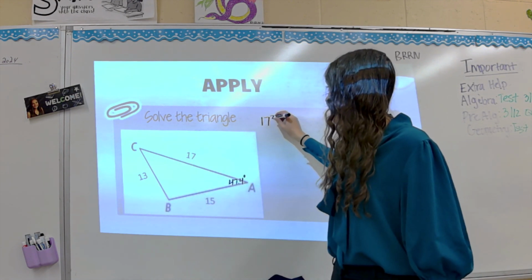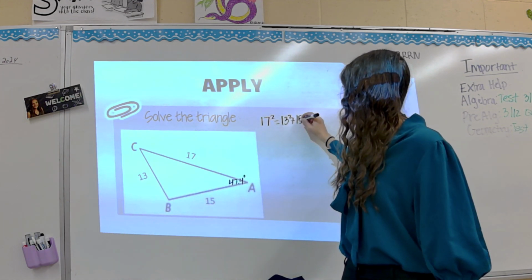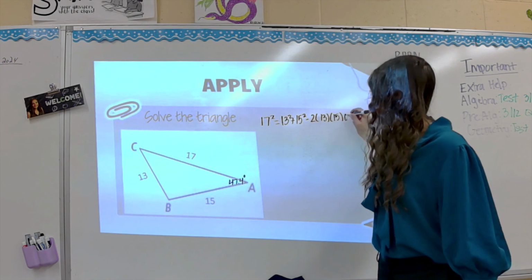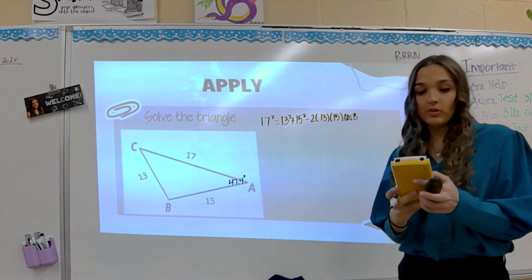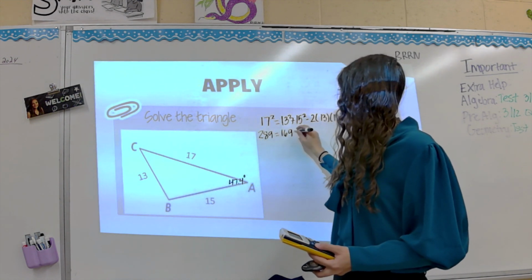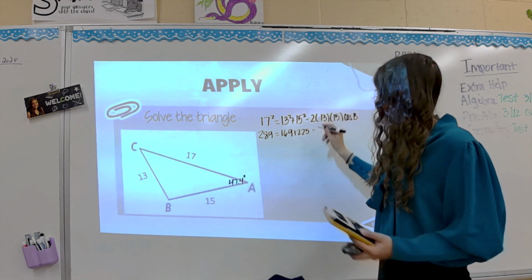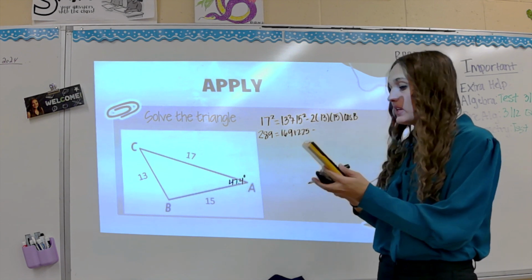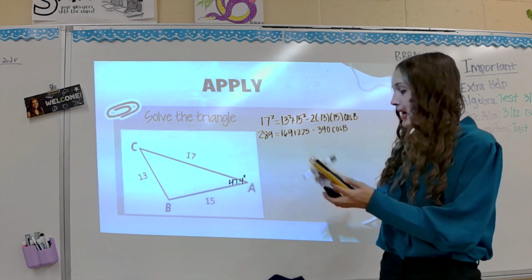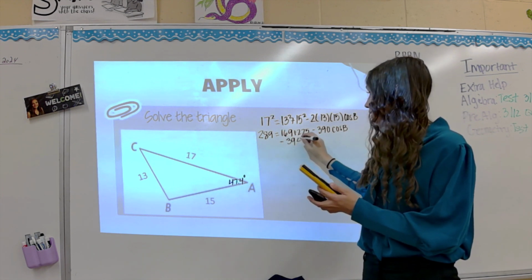So I'm going to do 17 squared equals, take the other two sides, square them, minus 2 times those two sides, times the cosine of B. So I get 17 squared, which we saw was 289, equals 169 plus 225, which we know from our prior work, minus, I do 2 times 13 times 15, which is 390, cosine of B. I'm going to combine these, 169 plus 225, and subtract that over, which is 394.